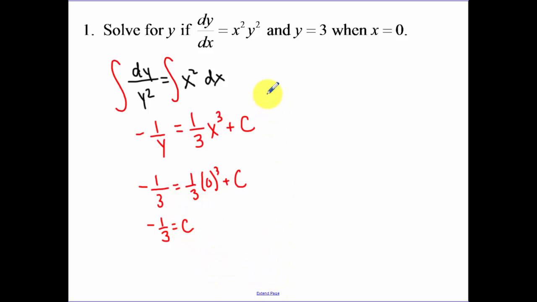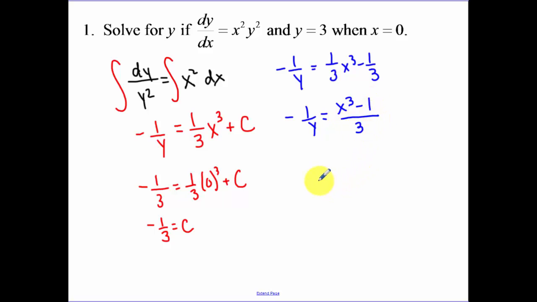So now we have the equation negative 1 over y is equal to 1/3 x to the third minus 1/3, or we can think of that as x to the third minus 1 over 3. Now we need to solve for y.